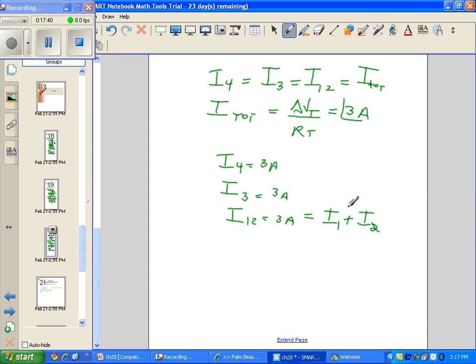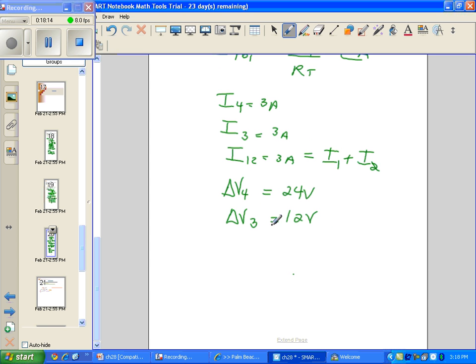This is when we stop and we decide to solve for the quantity delta V4, where delta V4 using Ohm's law is I4 times R4. Well, that's 3 amps times 8 ohms, which is equal to 24 volts. Delta V3 is I3 times R3, or 3 amps times 4 ohms, that's 12 volts.